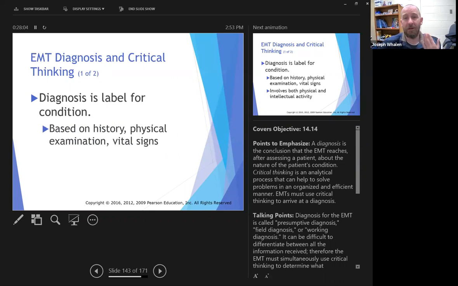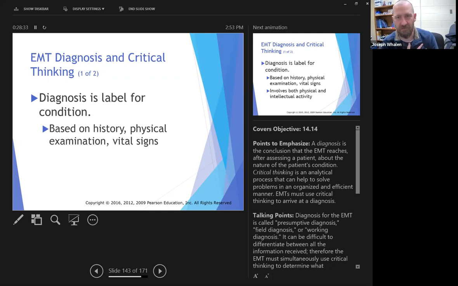We're going to make these based on their history, their vital signs, physical examination, their symptoms, and we're going to mix all that stuff up with all of our medical training. We're going to look at patterns. What am I talking about here? A patient has chest pain. There's easy patterns to recognize there.